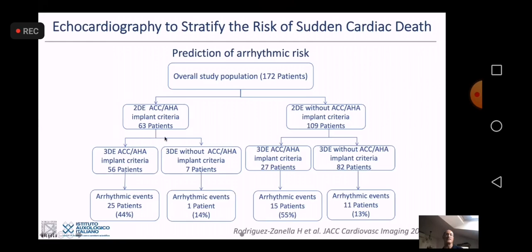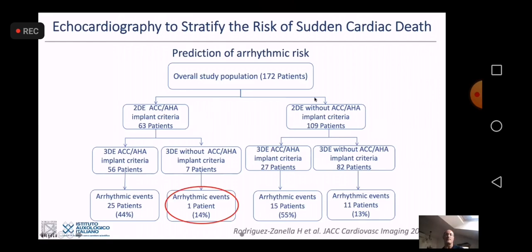When those 63 patients were reanalyzed with 3D echocardiography, we could exclude 3 patients from the ICD. And when we look at the outcome, only one of these 7 patients would have had a major arrhythmic event, because almost all those patients would have received an ICD, so it would be an excess of expenses, but the patients are protected.